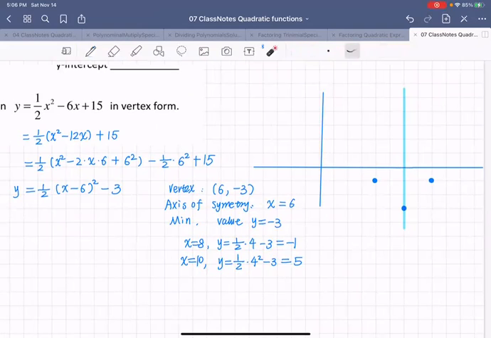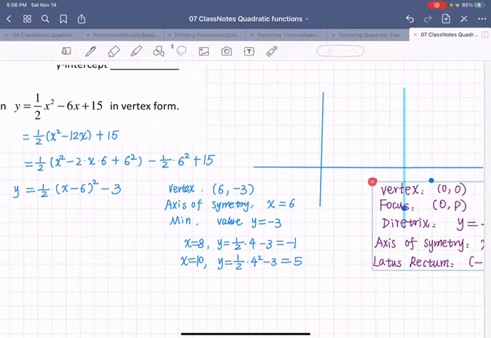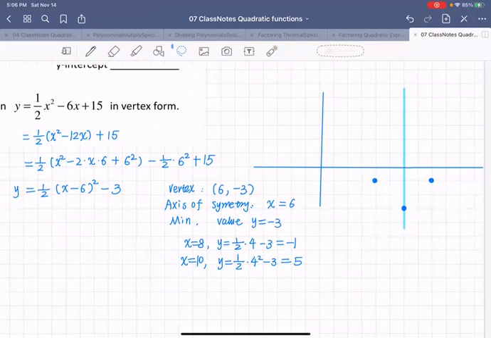You go 2 points beyond here, and then you go up, 1, 2, 3, 4, 5, right here. So it will be reflected to the other side, like this. Okay, then you can connect.